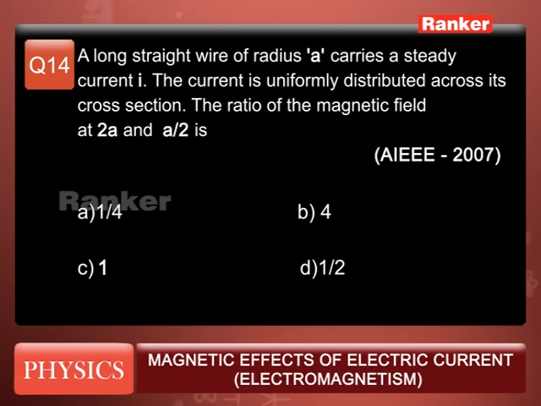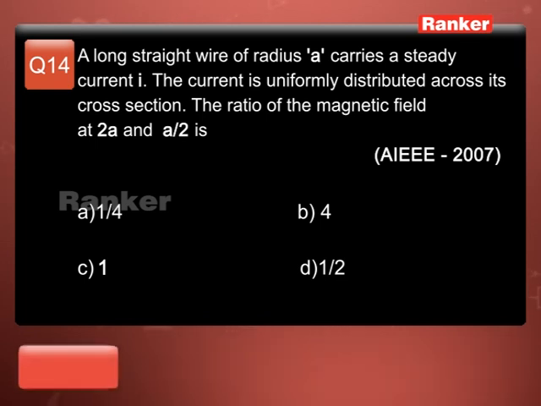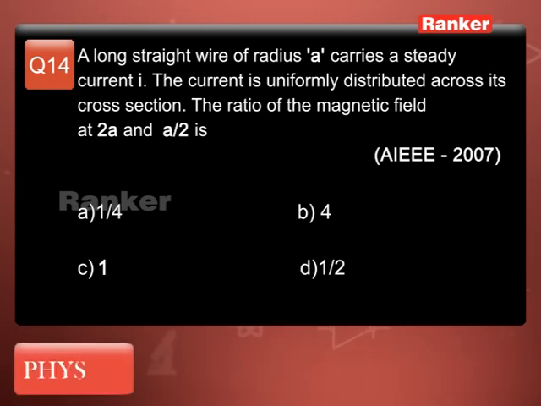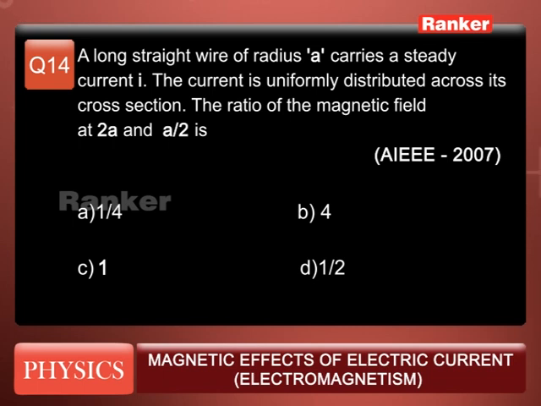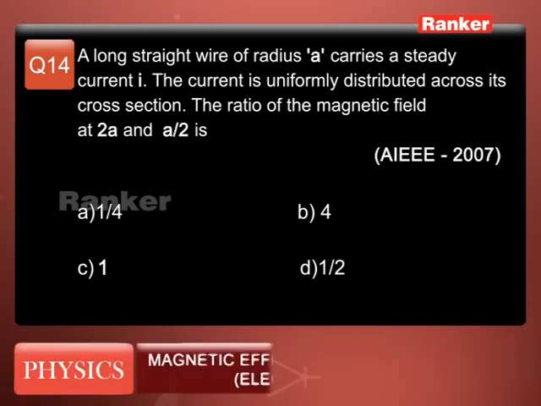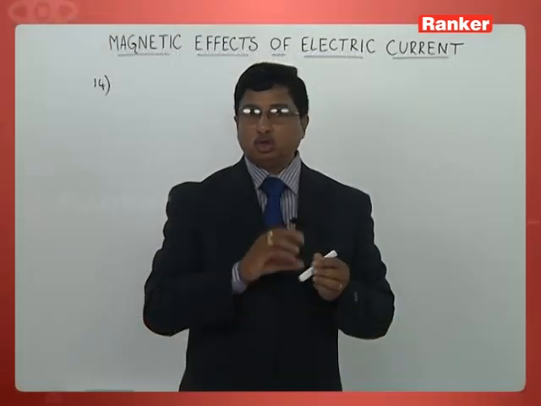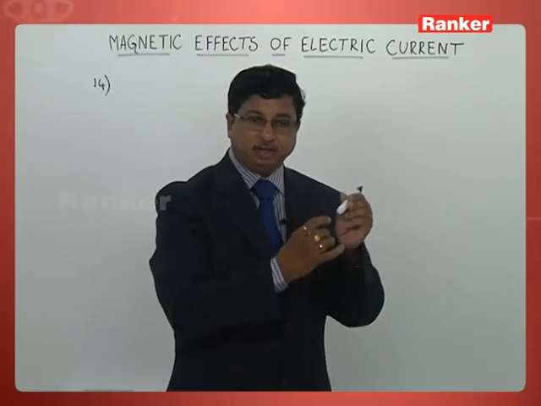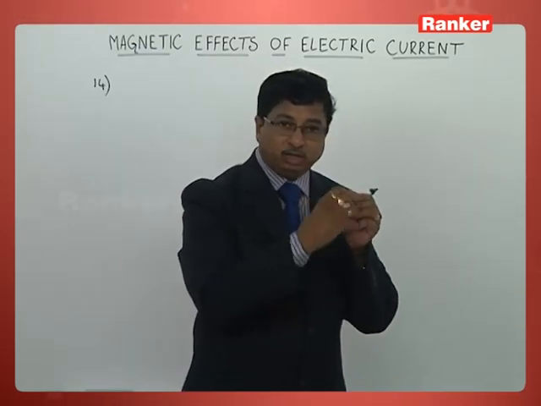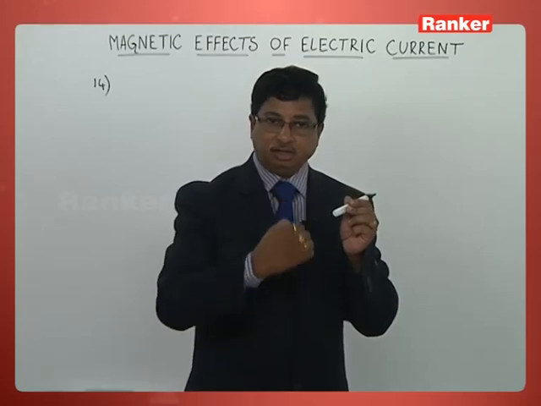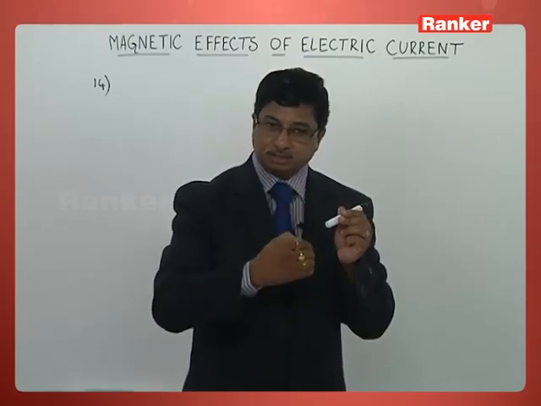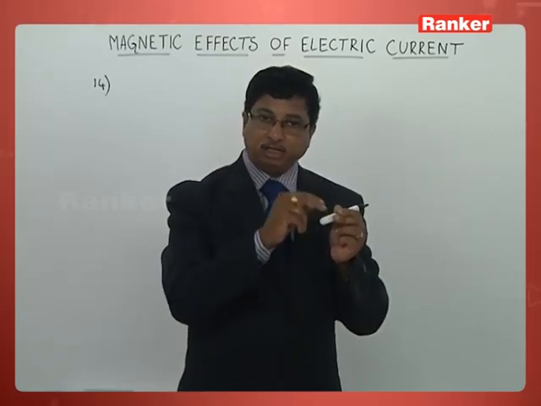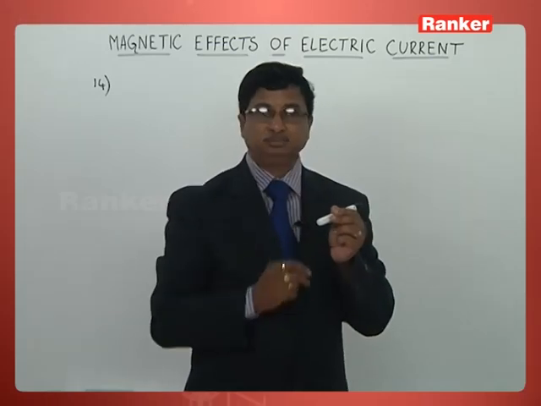It's not a non-uniform distribution. Remember, the ratio of the magnetic field at distances 2A and A by 2 is how much? 2A is outside the wire, since A is the radius of cross section. So the distance mentioned gives you an idea that the point is lying outside the conductor.